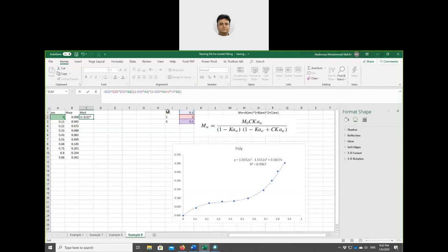Again, fix. I fix all the constants. Okay. Then copy and paste all. Yeah.